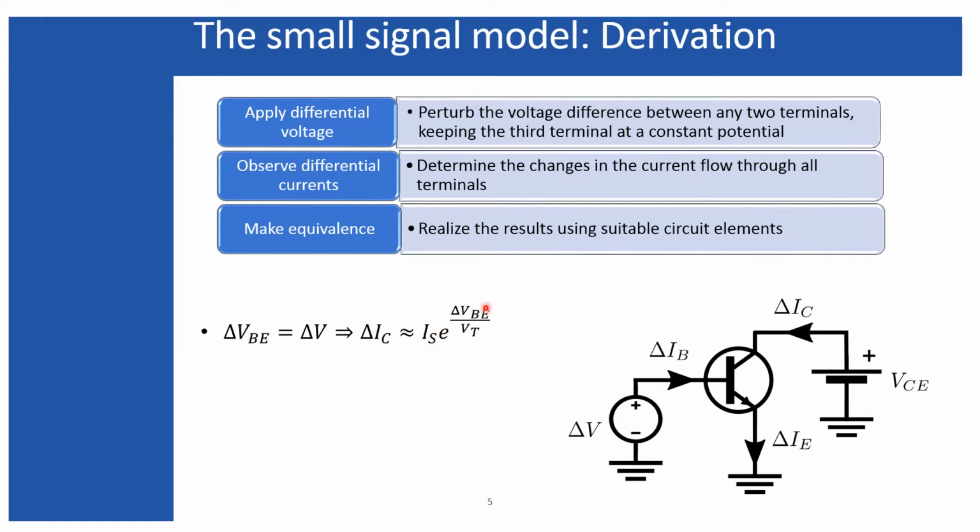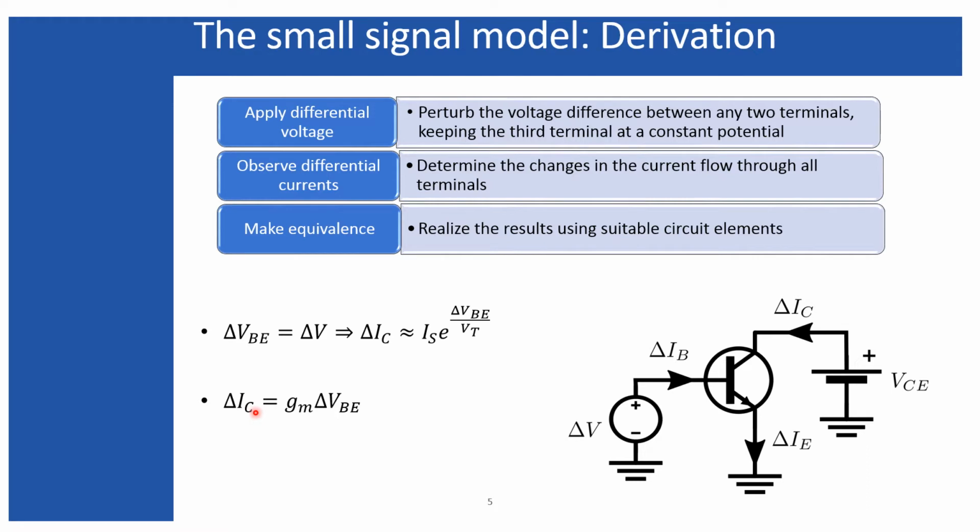Therefore, the differential base emitter voltage will produce this differential collector current through this equation. Again, we know this collector current is related with the base emitter voltage through the transconductance. So this differential collector current will be equal to the differential base emitter voltage multiplied by the transconductance factor.